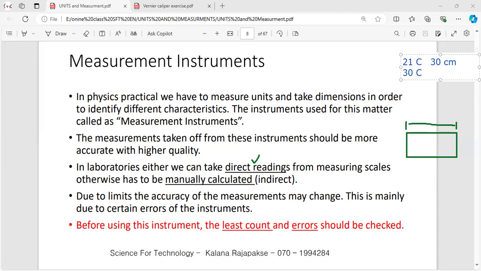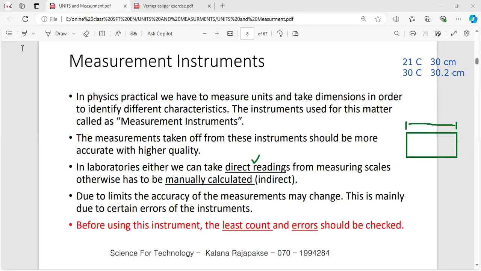Due to the heat, the meter ruler has expanded, so the distance of the meter ruler has somewhat increased. Even though it is 30 centimeters, with the linear expansion, it becomes slightly longer. Now there's an error. If you use that to measure anything in Sri Lanka, you are taking a risk. You are taking the wrong reading.